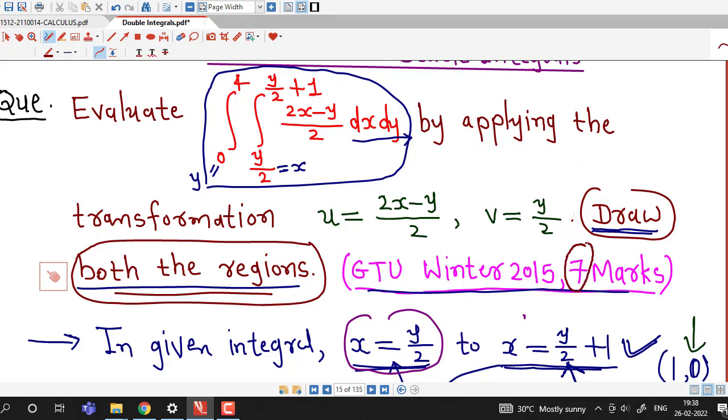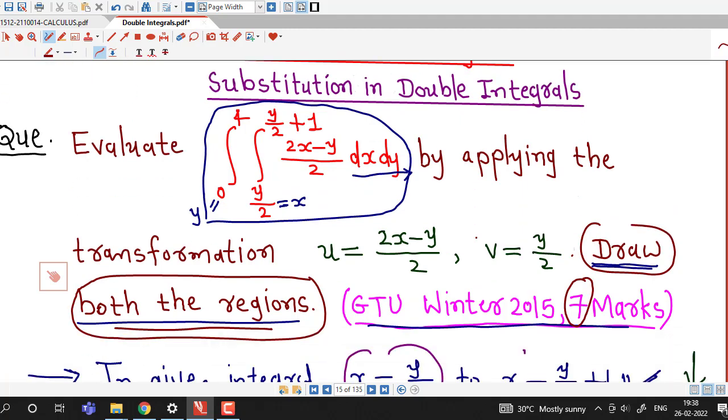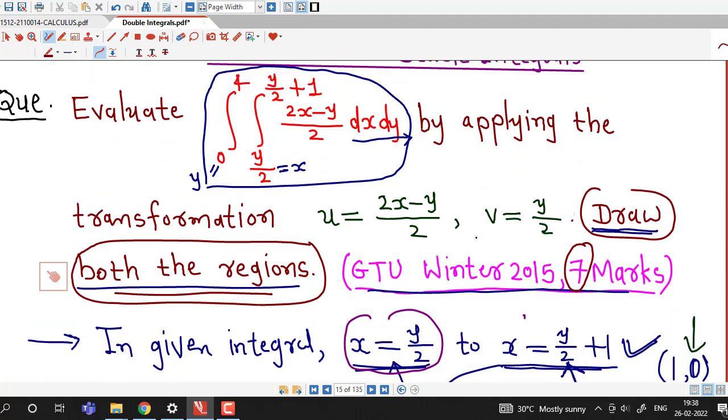This question is asked for 7 marks. So you should take care of this. Otherwise this is very easy.